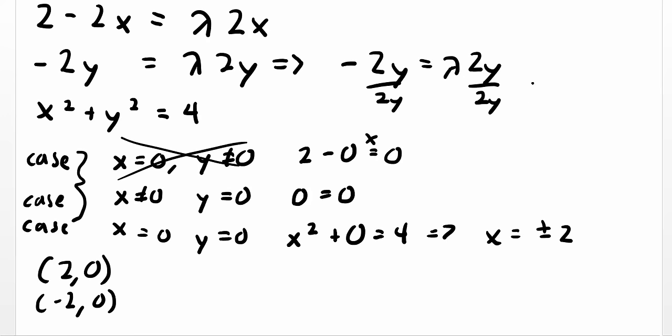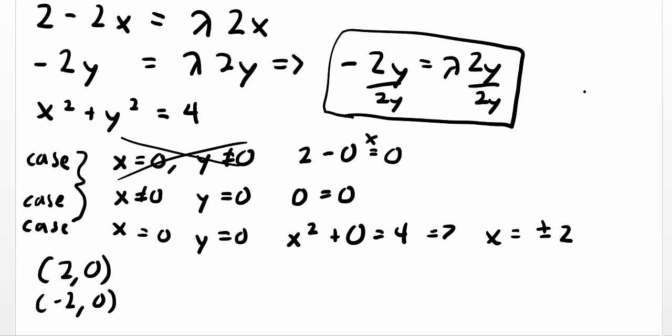Now let's go back to our original equation here. If we look at this equation, we get dividing by 2y. We're allowed to do that now that we've ruled out these cases where any of the variables are 0. This implies that lambda equals negative 1.